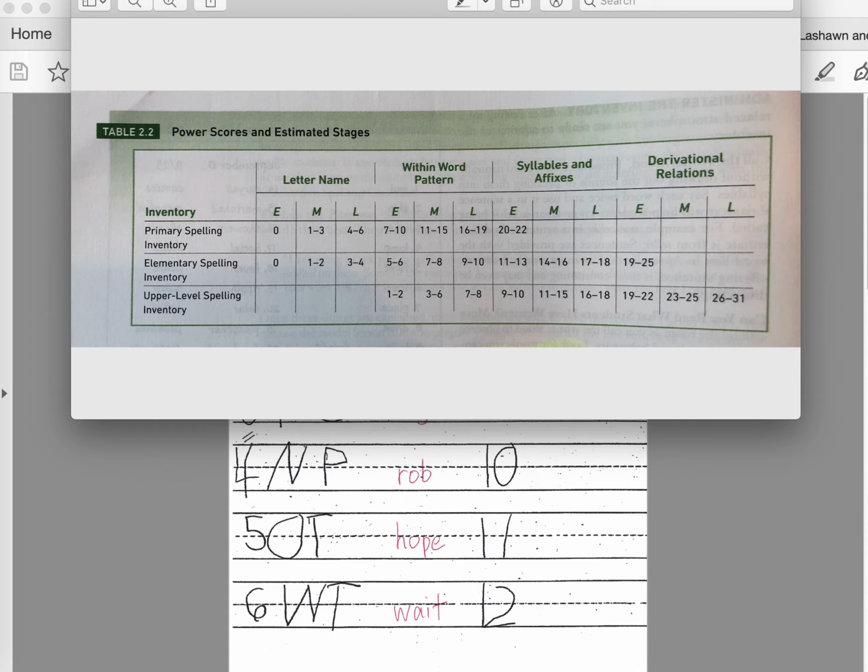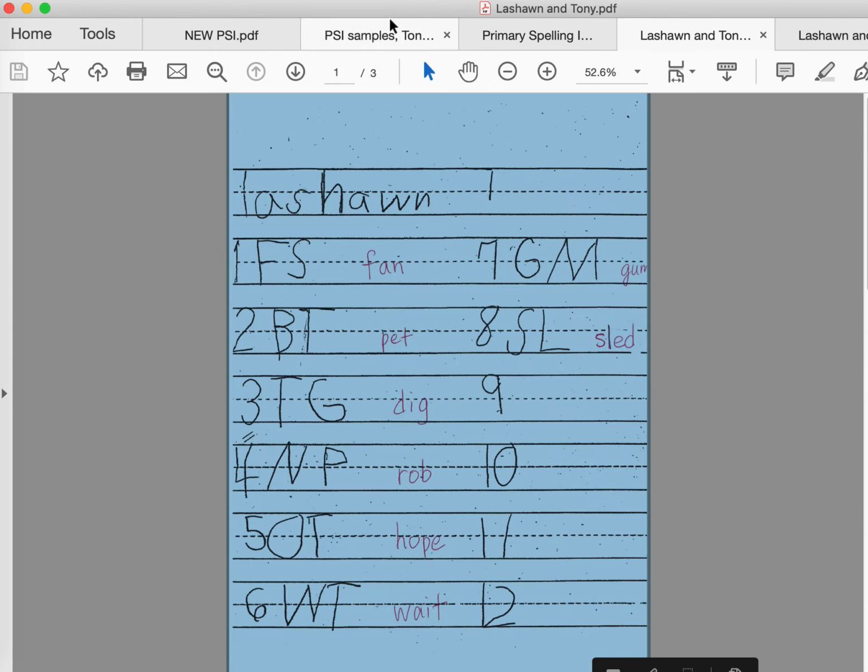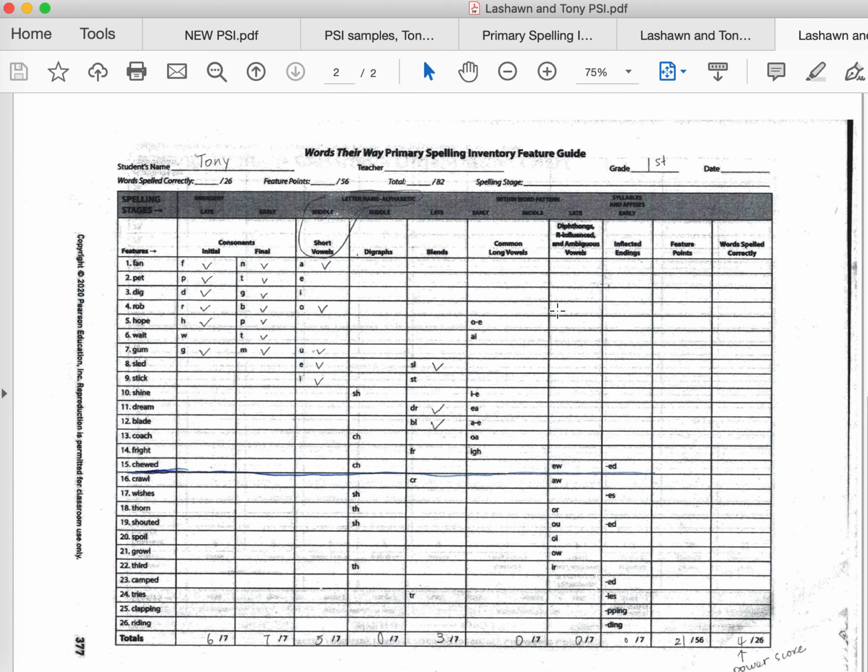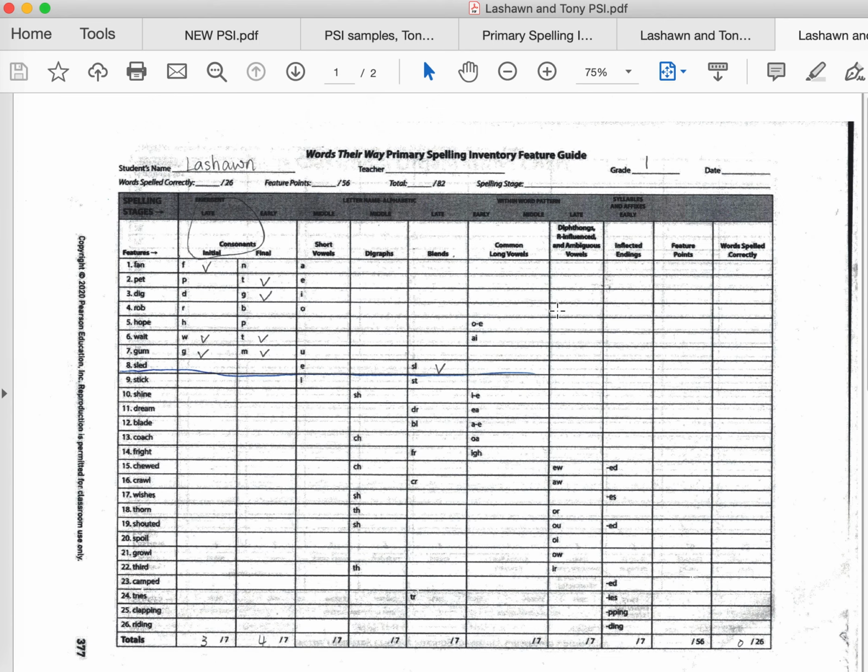So now let's talk through how to complete LaShawn's feature guide. The use of the PSI feature guide allows a teacher to know exactly which spelling features LaShawn knows and understands and which he is using but confusing.